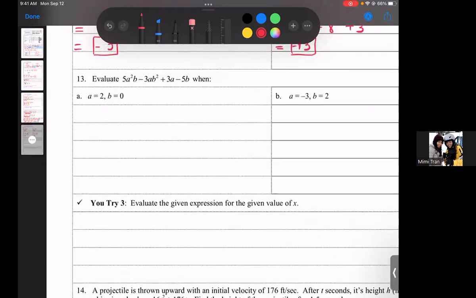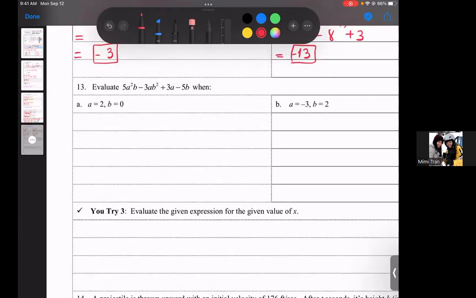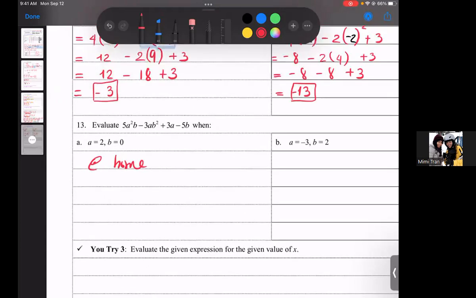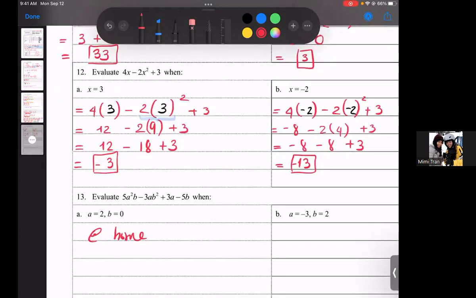I'm gonna do 13B, and you gotta do 13A at home. Oh no, negative 2 in parentheses squared is positive 4. On the calculator, make sure you put parentheses, because negative 2 in parentheses squared is not equal to negative 2 squared.